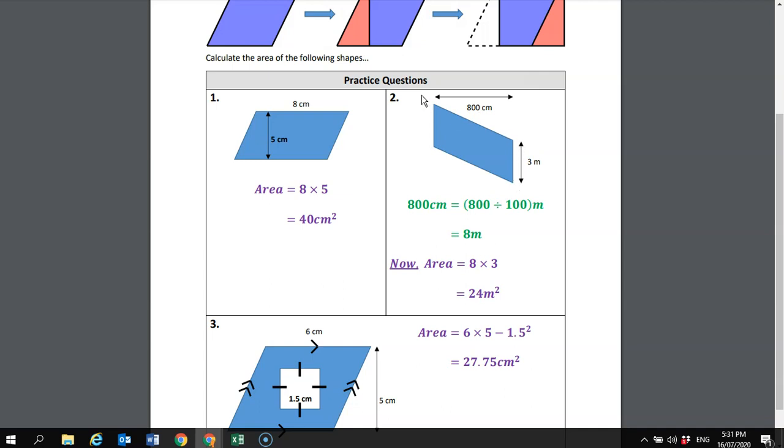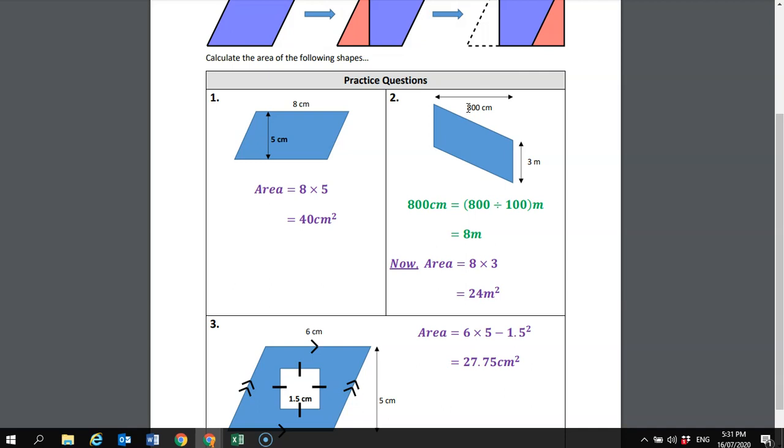Okay? And this 800 centimeters is the height. Now on this diagram here, the height was indicated on the inside, but I could have easily drawn the arrow on the outside here like I've done over here. You just have to get used to both ways of looking at it, okay?